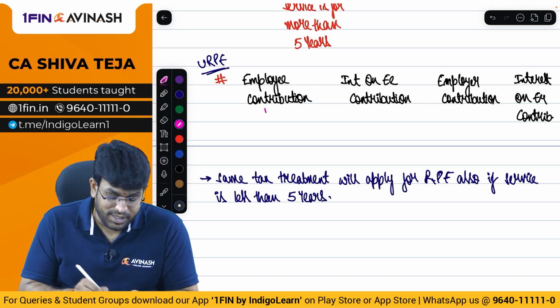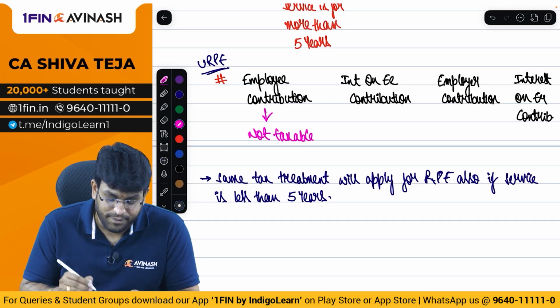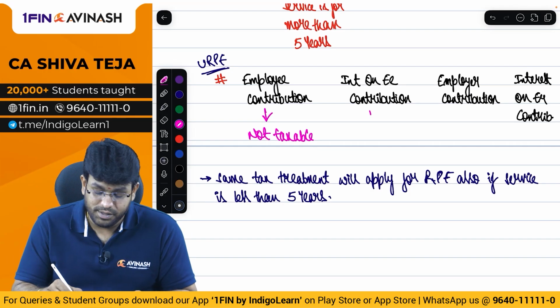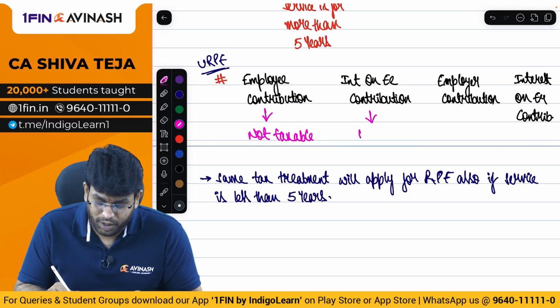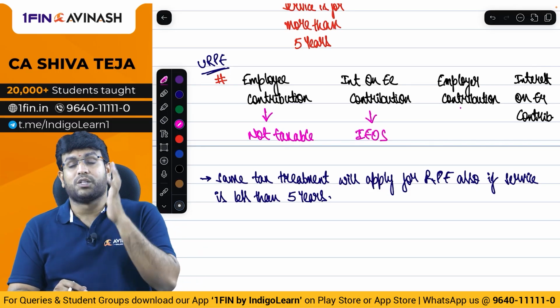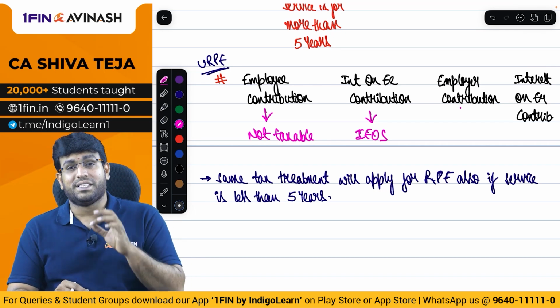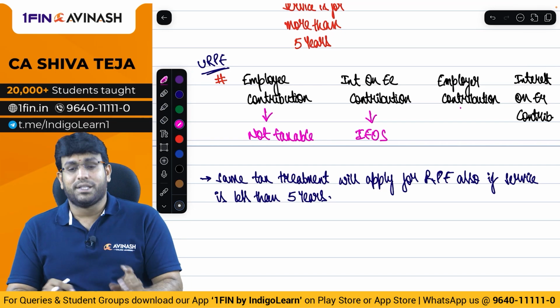And what they told in the law is like this. Employee contribution is not taxable because it is our own money which is coming back to us. Interest on employee contribution, we will tax under income from other sources. I repeat again, interest on employee contribution is taxable under income from other sources.